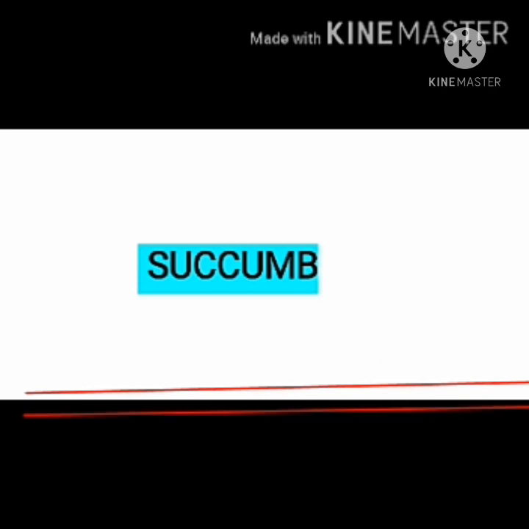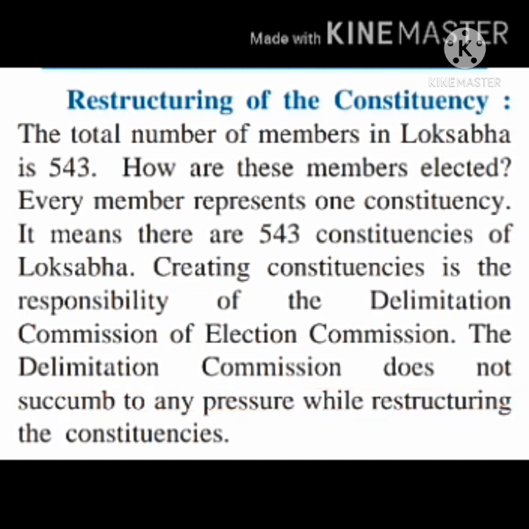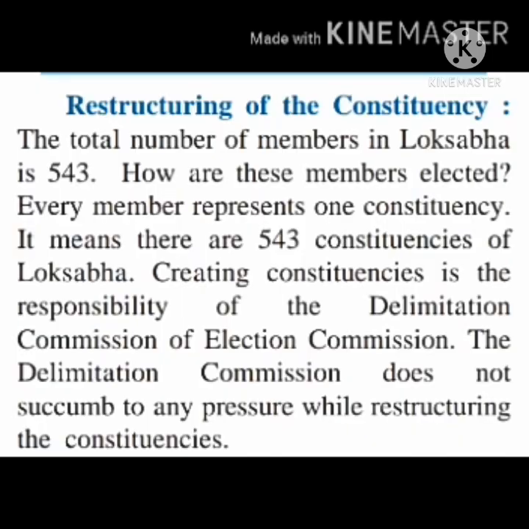So Delimitation Commission does not surrender to any pressure of political party while forming the constituencies. That means any minister, government or any political party cannot pressurize the Delimitation Commission to form constituencies in particular area.